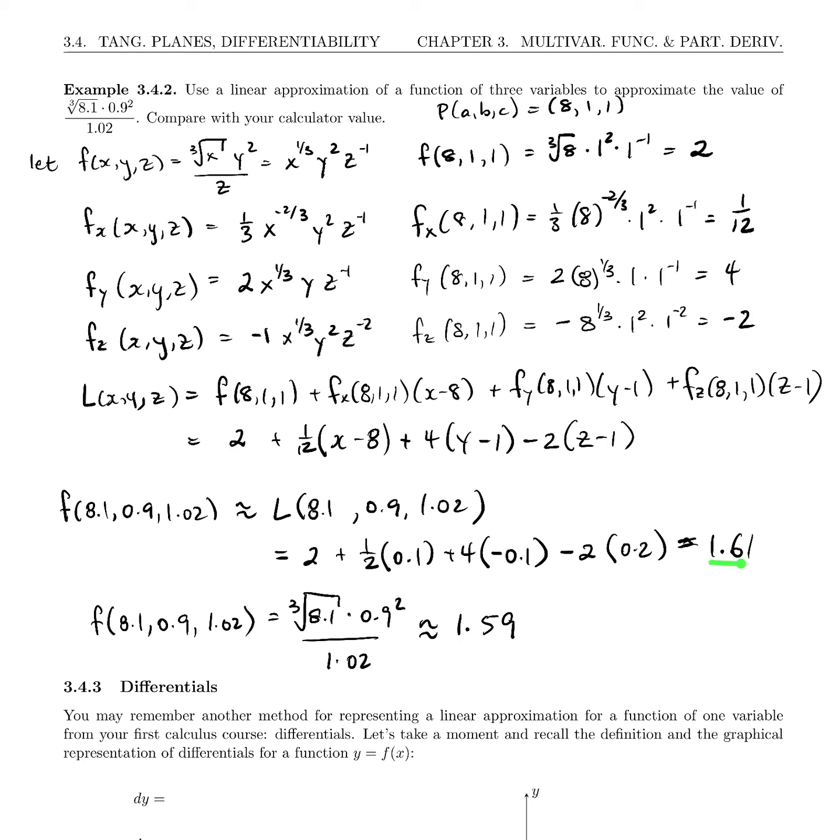So the linear approximation that we got is actually quite close to the calculator approximation. This is an irrational number, right? This is not the exact value. Even if I included more digits from my calculator, that would still be an approximation, a much closer one than our linear approximation, but still our linear approximation was not too bad. In the next video, we will start talking about another way of doing approximations, and that is with differentials.